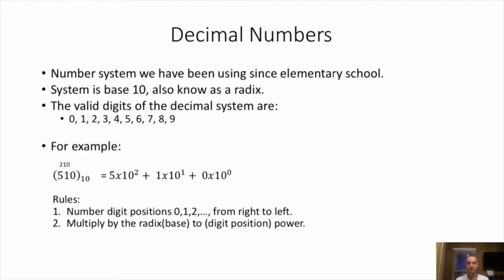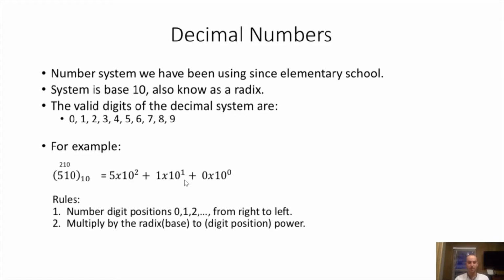Here we have the decimal numbers, which are the numbers that we are using every day. As we talked about, the base is 10, which is also known as the radix. The digits are 0 to 9. For every base, we have that number of digits, so for base 10, we have 10 different digits.